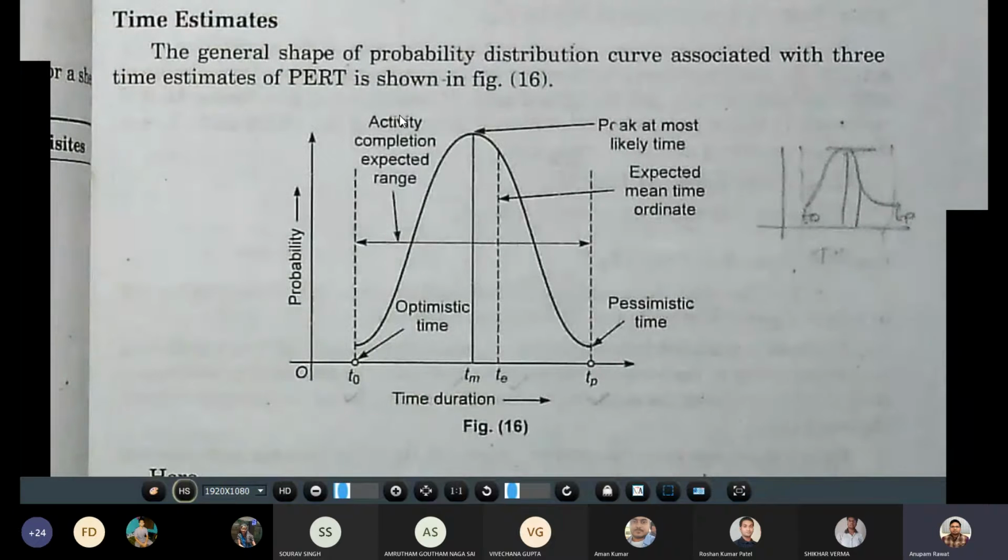And there is no problem in estimating the time if the planner is thoroughly familiar with the project activities. However, in certain cases, an exact estimation of the time for the completion of an activity may be difficult.